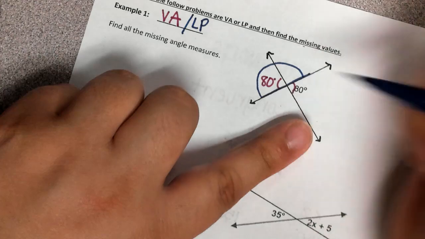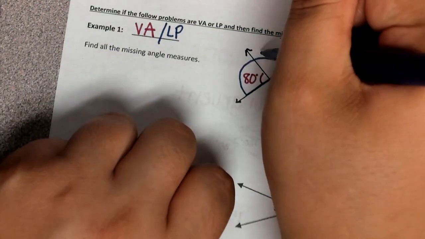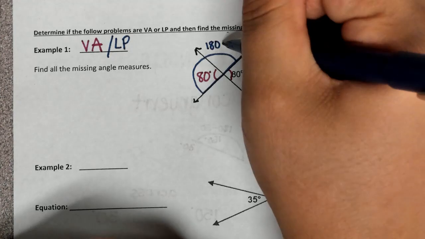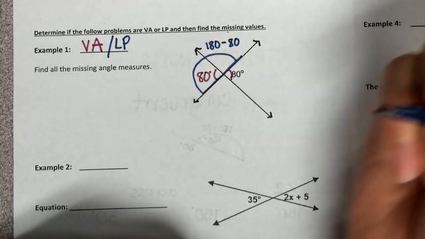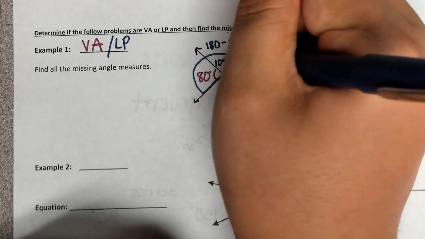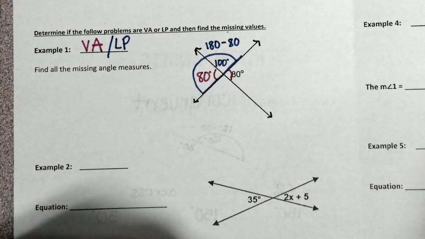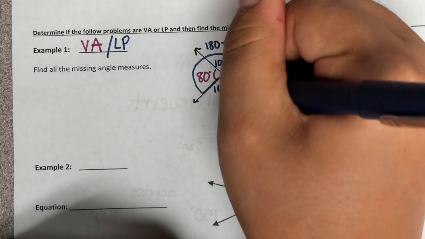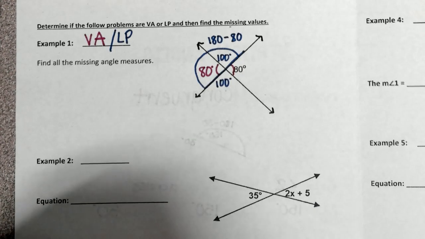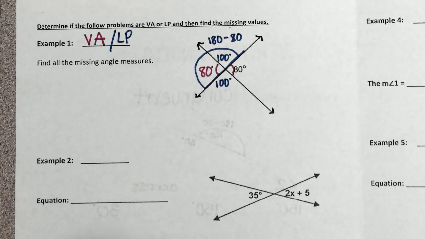And what do I know about a line? It's 180 degrees. So what do I do? 180 minus 80 is how much? 100 degrees. And if that is 100 degrees, what's my bottom? 100 degrees. Bam. We're done with that problem.